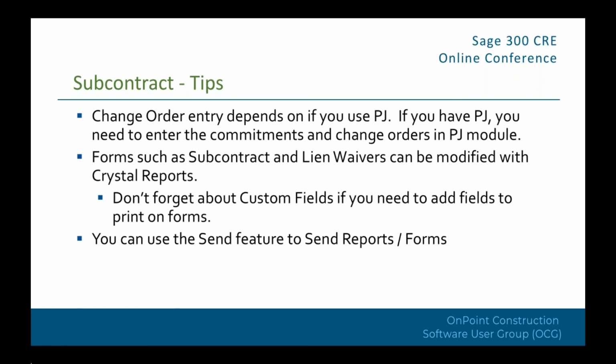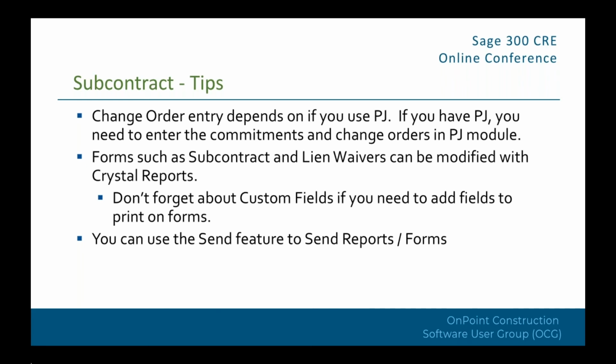So, some tips on subcontracts: the change order entry depends on whether you're using PJ or not. If you have PJ, you have to enter the commitments and the change orders in the PJ module.